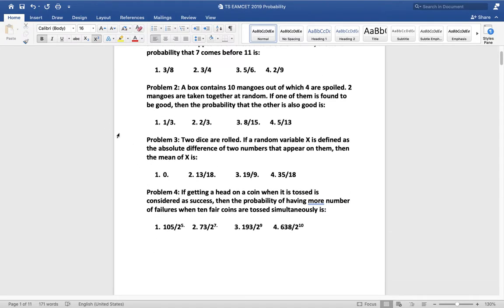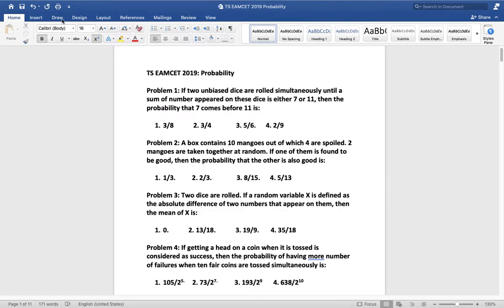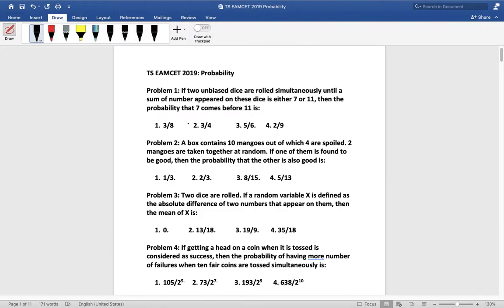So what we have to do in this problem is look at this fact: either you get 7 or 11, otherwise you keep on rolling the dice.